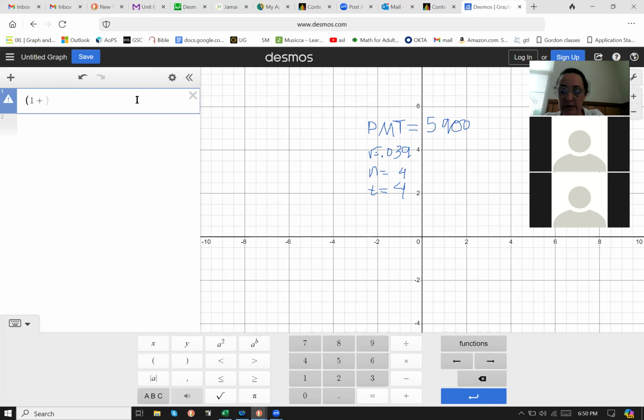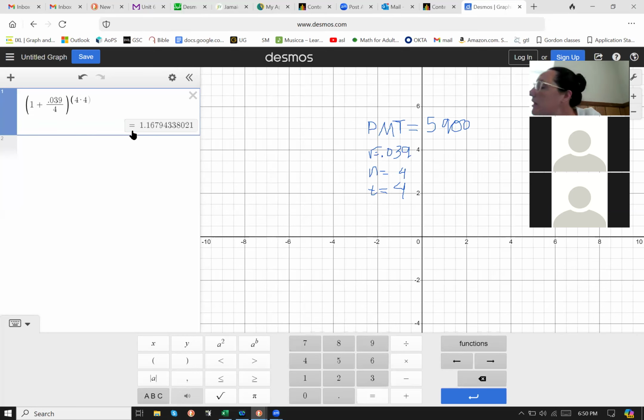So the 0.039 divided by 4. And that is raised to the NT power. So it was 4 years times 4 compoundings per year. And then we had to subtract 1 off of that. And that is all the numerator of our fraction.